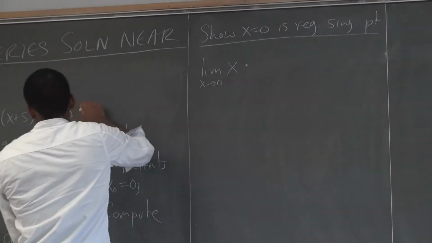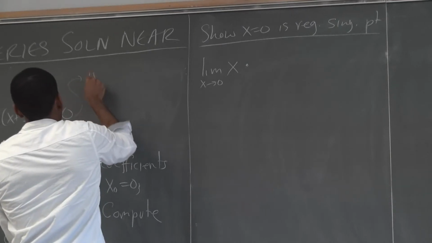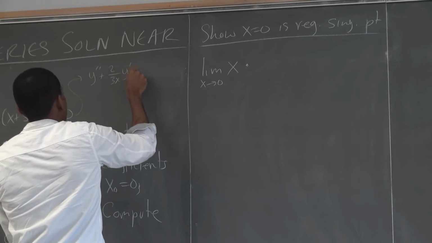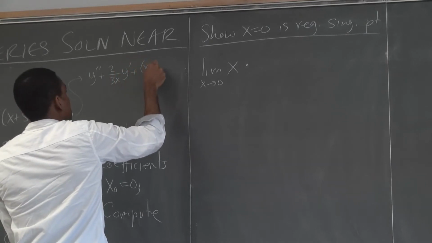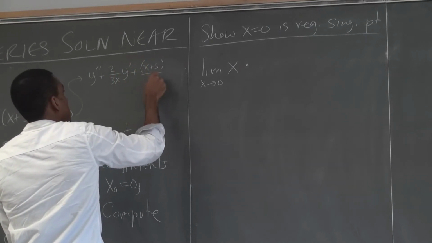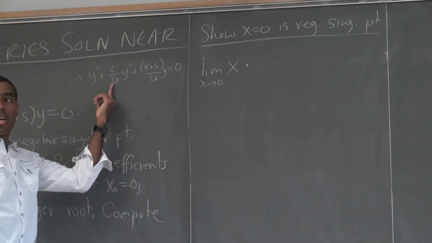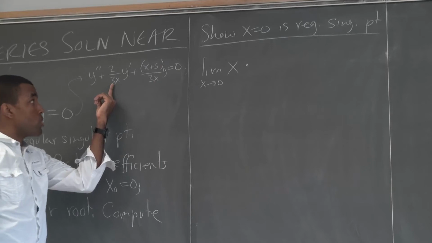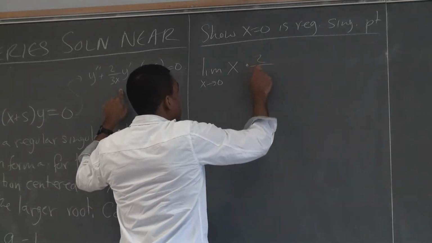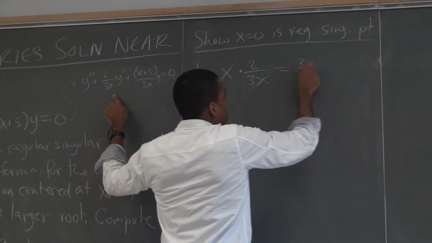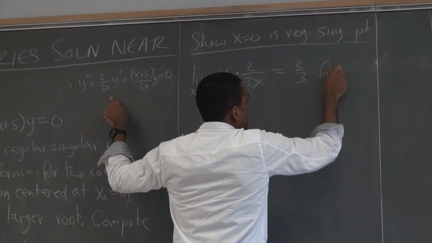First thing you do is put it in standard form. So y'' plus 2 over 3x y' plus (x plus 5) over 3x y equals 0. Now you want to take x times this guy and find the limit as you approach the singular point. 2 over 3x. Here your x's cancel, we get 2/3, it's finite.